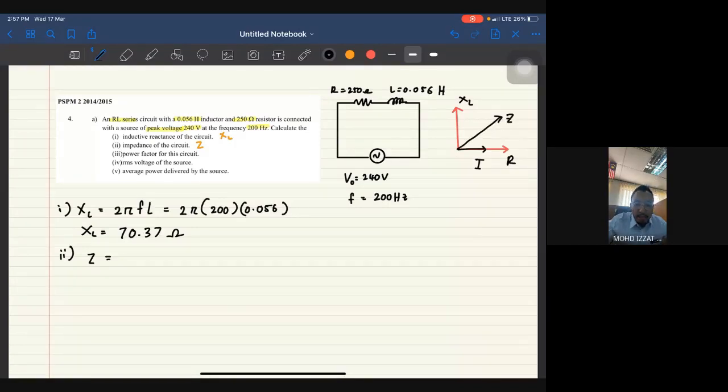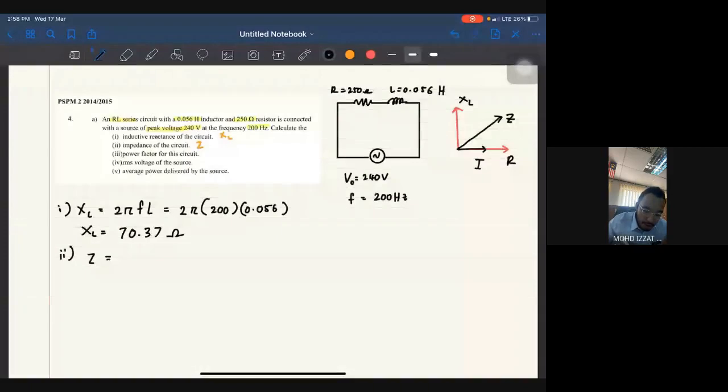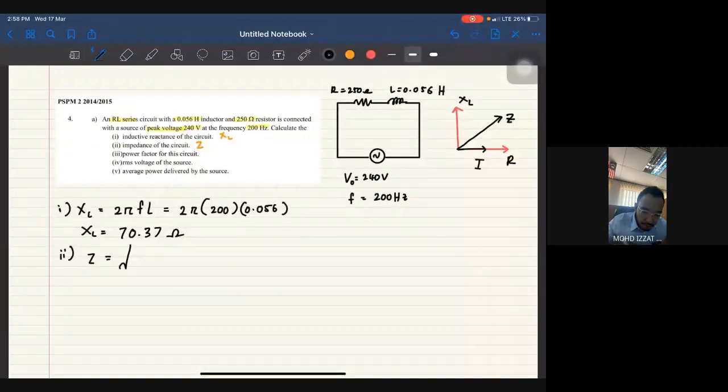So based on this phasor diagram, Z is equals to XL square plus R square, and then take the square root. So it will be R square plus XL square, which is 250 square plus XL, kita dah kira tadi, 70.37 square.